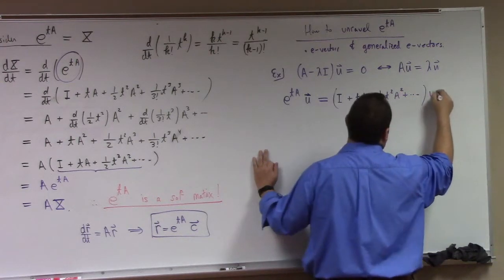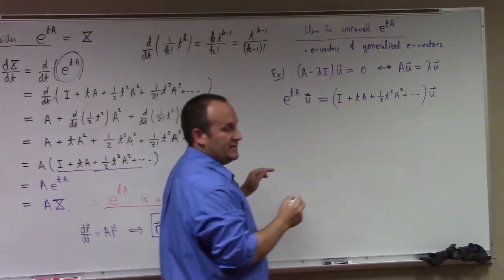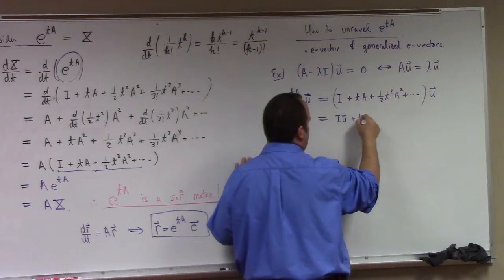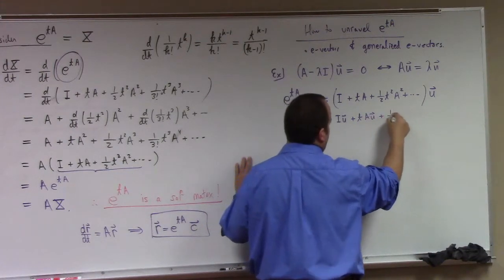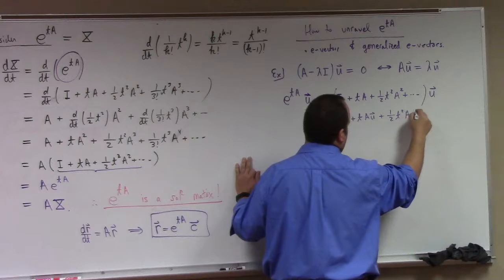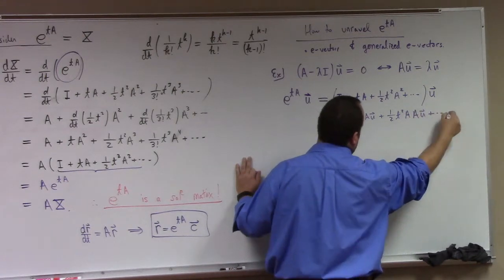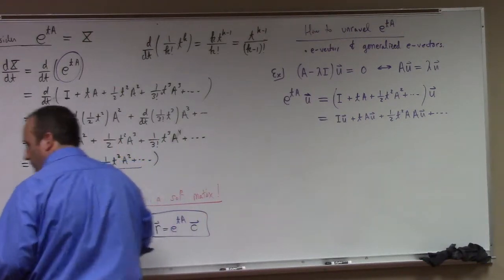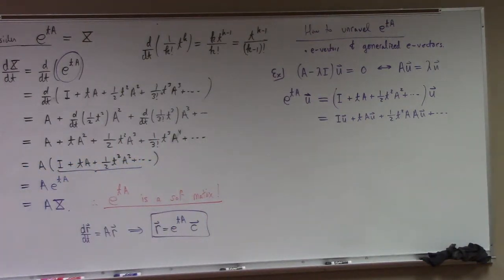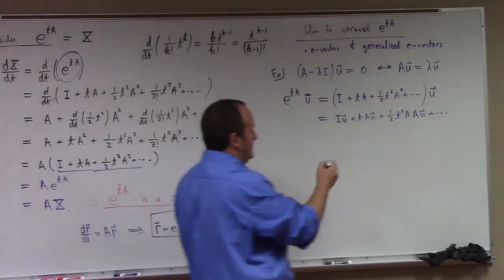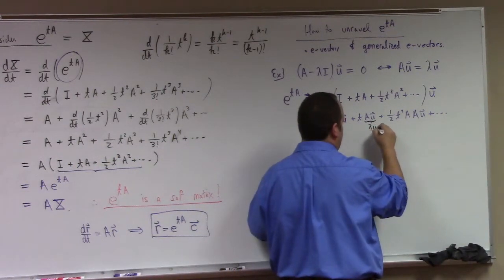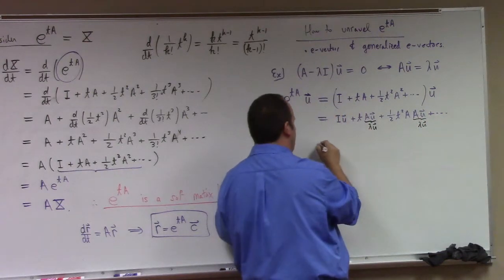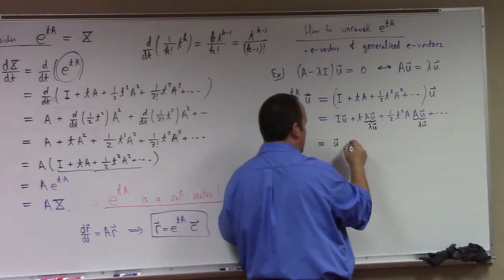So what happens when we multiply this series of matrices by an eigenvector? To start with, we get I u, right? Plus t A u plus 1/2 t squared A A u. So you guys tell me, what does the A u simplify to? That simplifies by definition of eigenvector to lambda u, right? This is lambda u. And I u is just u.